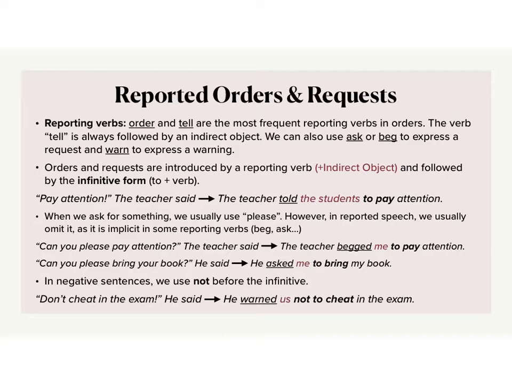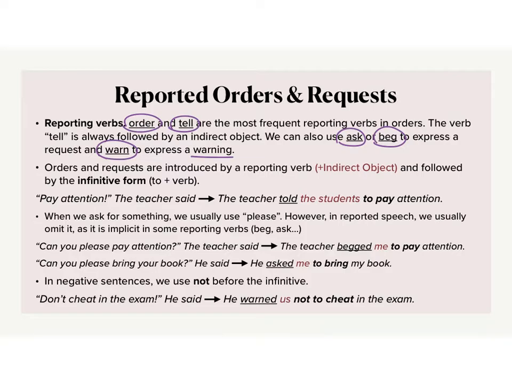To report an order or a request, order and tell are the most frequent reporting verbs. But we can also express a request using ask or beg, and we can also express a warning using the verb warn. So it depends on the reporting verb that we use.